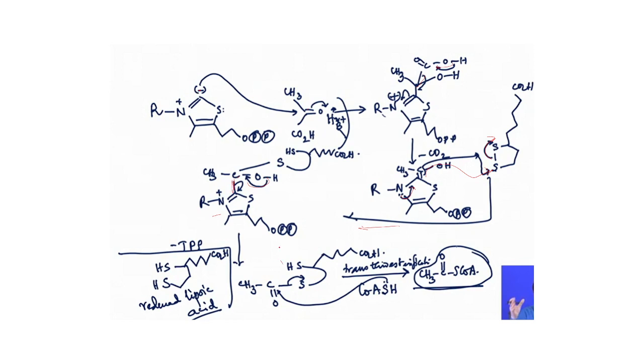Then you will have an acetyl thioester bond with the lipoic acid, and then the thiol group of coenzyme A will replace this thioester bond and form acetyl coenzyme A. And again, this lipoic acid will get reduced by FADH2.